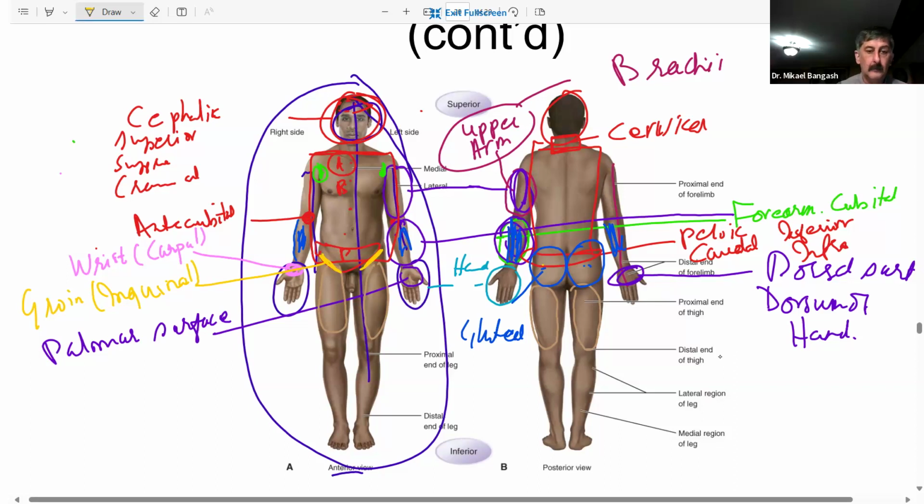Anteriorly is going to be the groin, or what technically we know as the inguinal. Leg. All this here will be your leg.